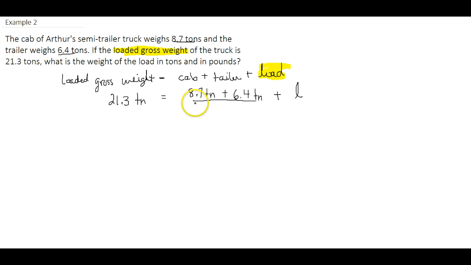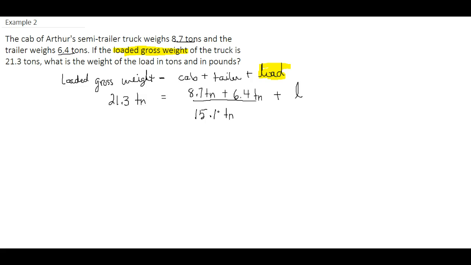And when I do that, I get, let's see, I believe that's 15.1 tons. So I have 15.1 tons plus the load, and that gives me 21.3 tons, which is our gross weight.